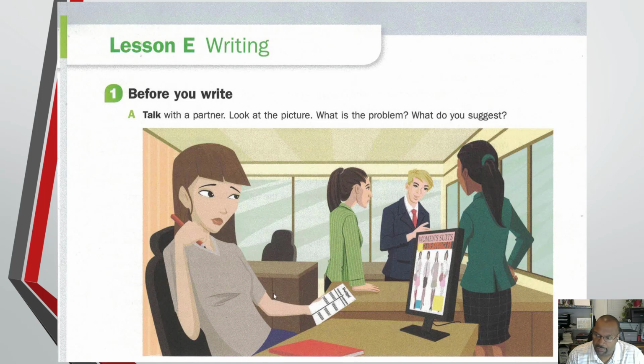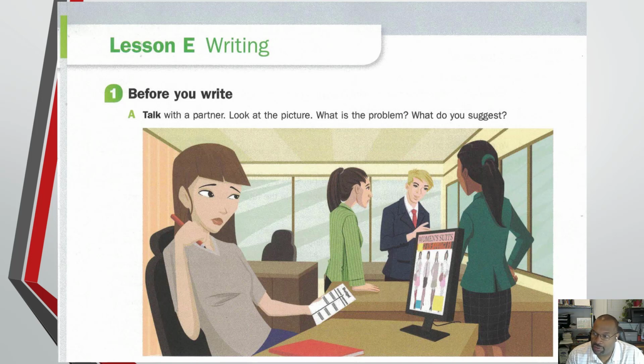What do you suggest? Well, I suggest that she should put money aside in her budget so that she can buy a suit, a professional suit, to look professional in the office. That's my suggestion, that's my advice.